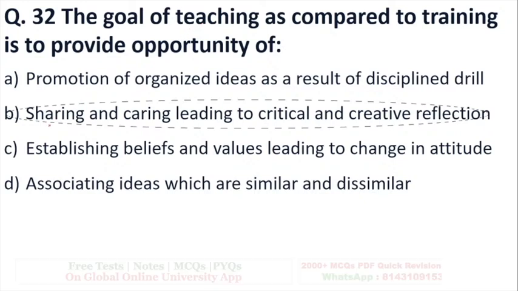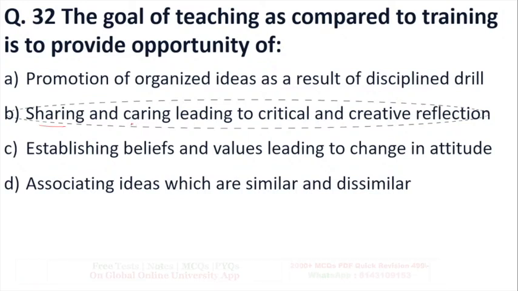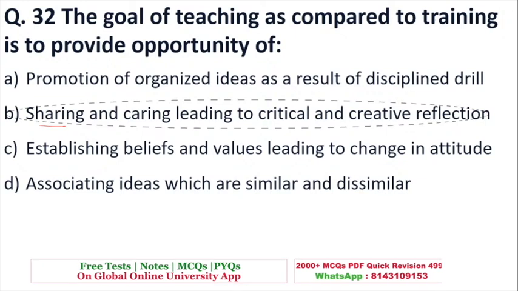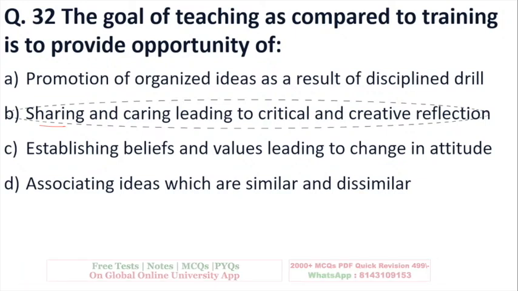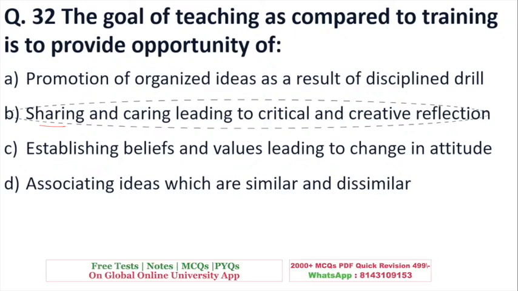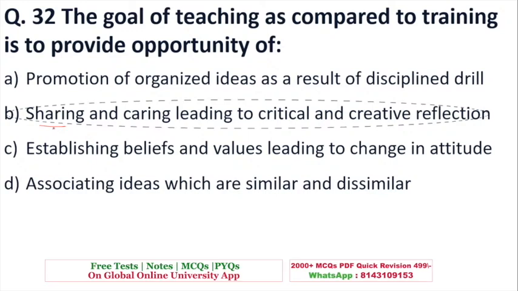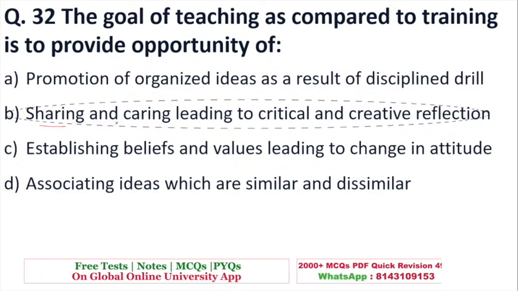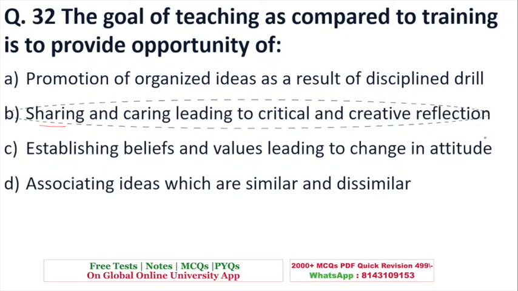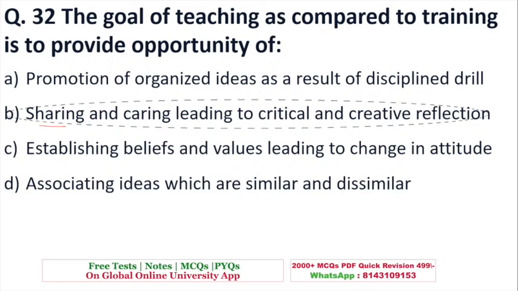The students study together, they learn many good habits when they are in a classroom. While in training, the teacher's main task is to upskill that person, nothing else. That is the difference. The students get an opportunity for sharing, caring, and leading to critical and creative reflection. B is the right answer.